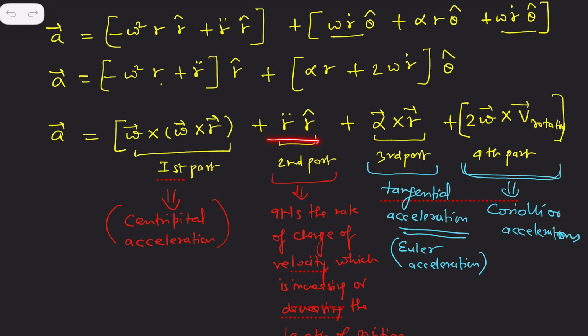Then we called this the tangential acceleration or the Euler acceleration. And the last one we had discussed is the v rotation, that is the Coriolis acceleration.